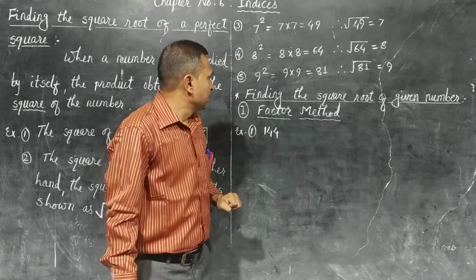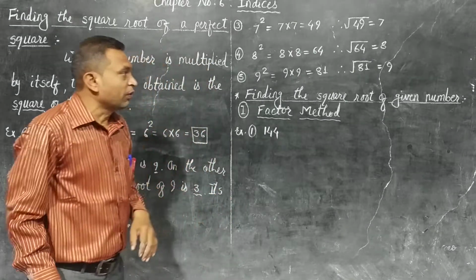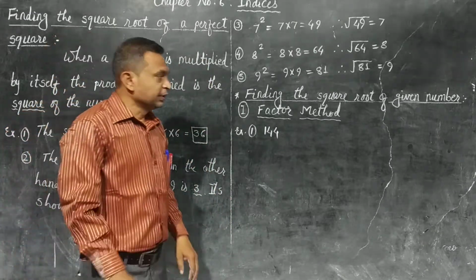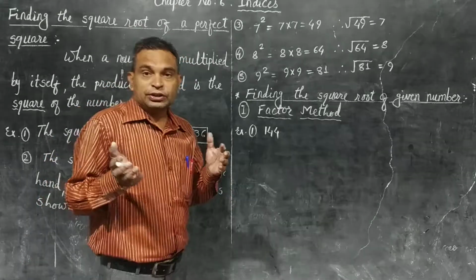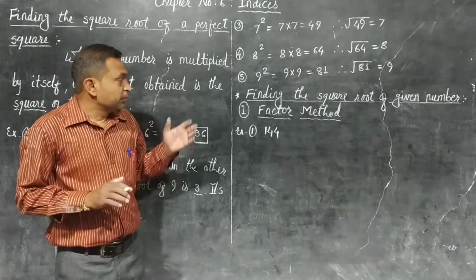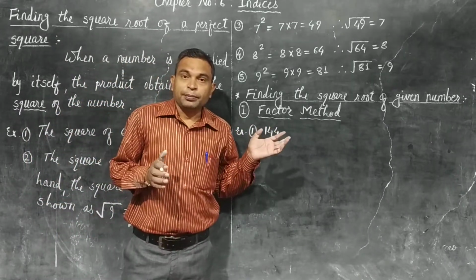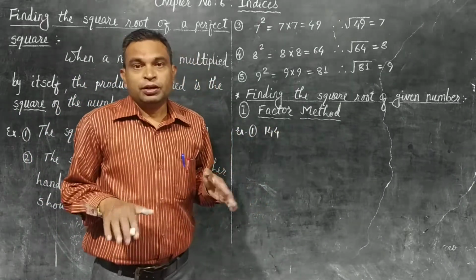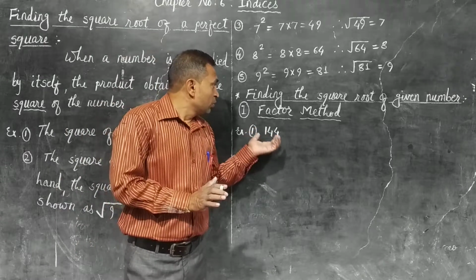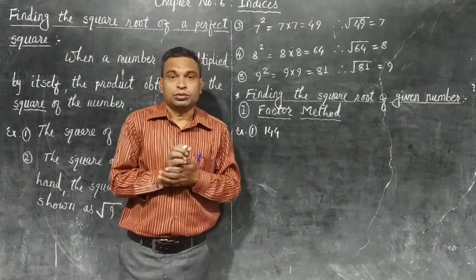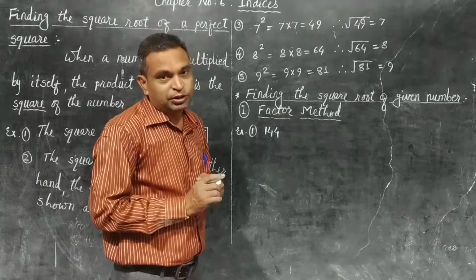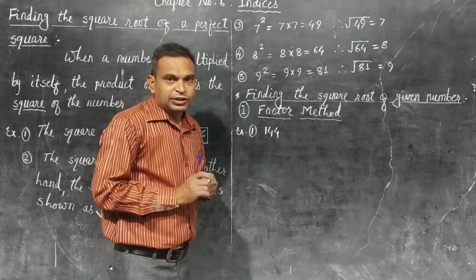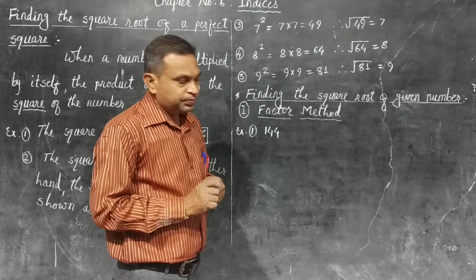Now, finding the square root of a given number by the factor method. Now, we can find the square by multiplying the given number by itself. But now we have to find the square root, the smaller number. How to find? We have learned the factor method by LCM and HCF.